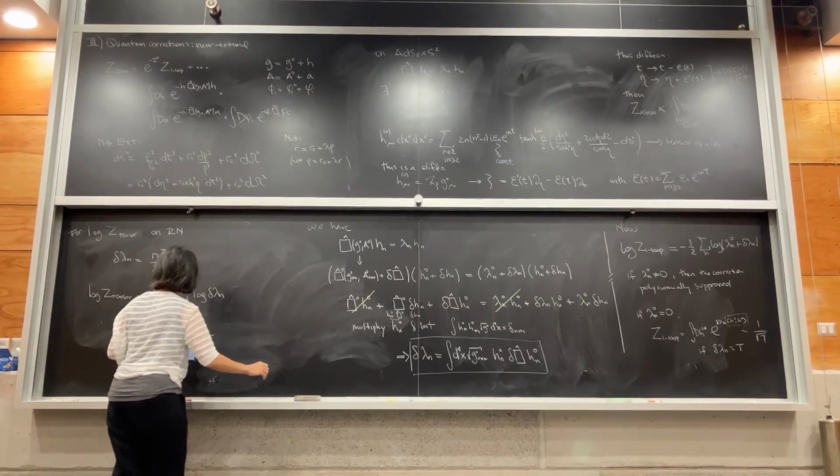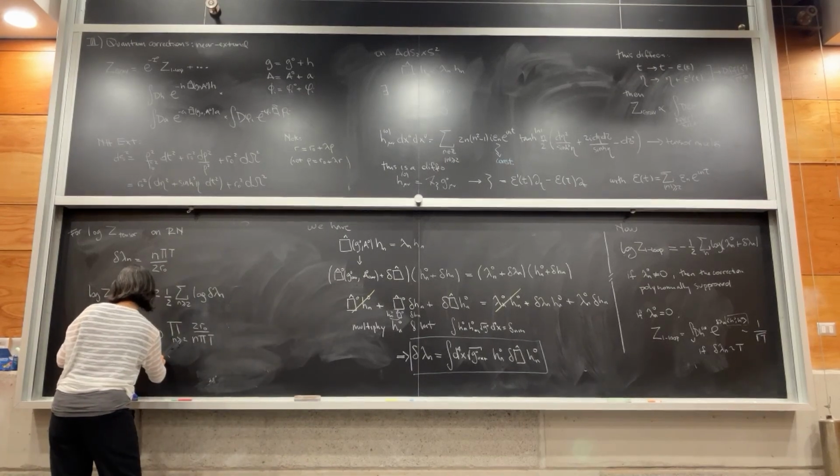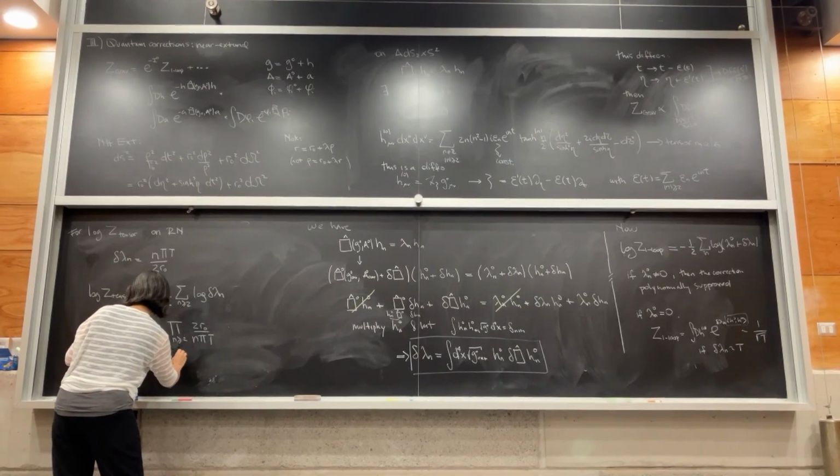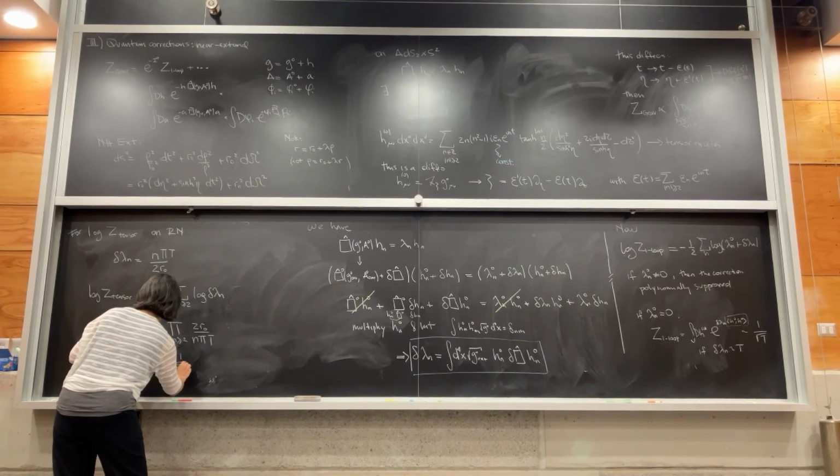Let me write it down. So this is going to be the log, after zeta function regularization, of t to the 3 halves times 2 r naught to the 3 halves, up to factors of pi that are not important.